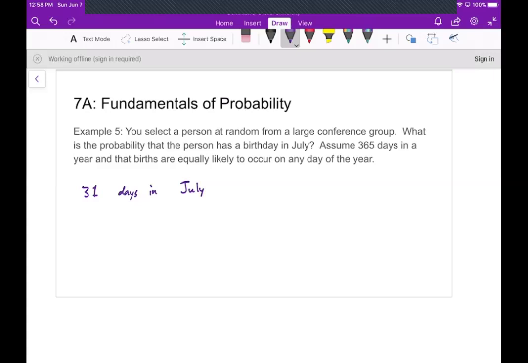So it looks like if all birthdays are equally likely, then the probability is 31 out of the total possible days, which is 365. Right, so that would be the probability that if we select a person at random, that they would have a birthday in July, at least basing it off the fact that all birthdays are equally likely.